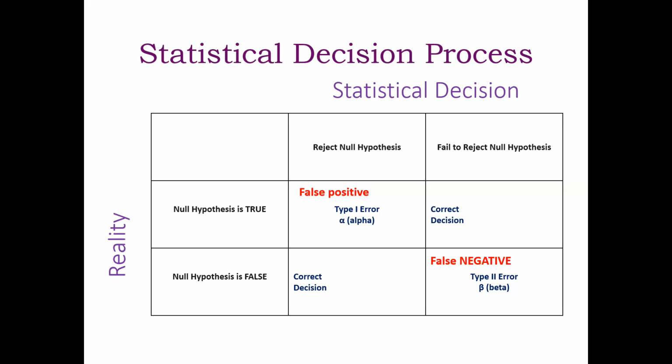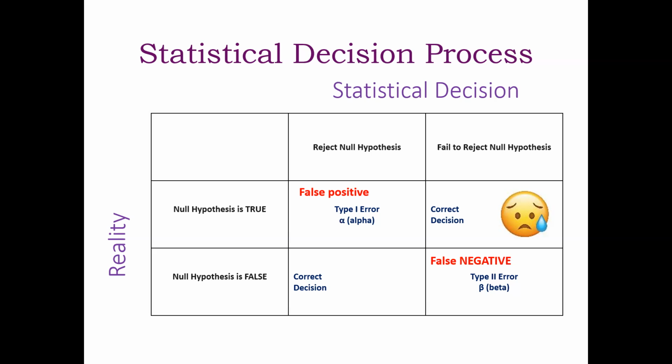We can also make the wrong decision if we fail to reject a null hypothesis that is not true. This is a false negative. We should reject it, but we don't. This is called a type 2 or beta error. Then what if the null hypothesis is true and we fail to reject it?